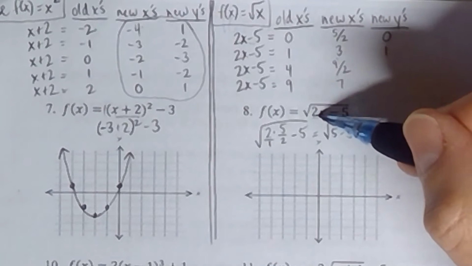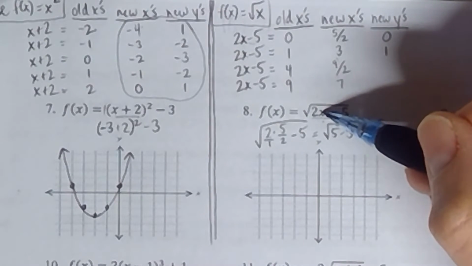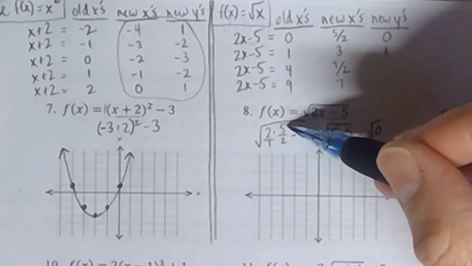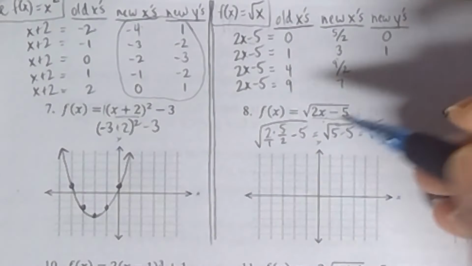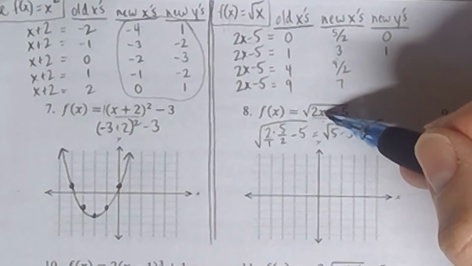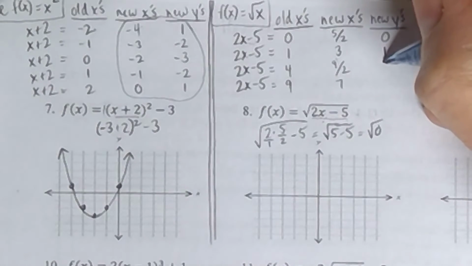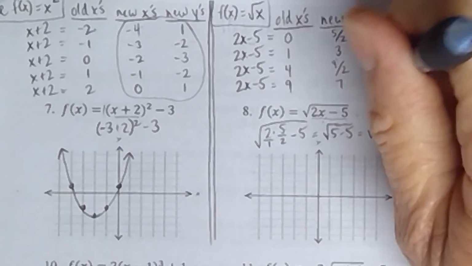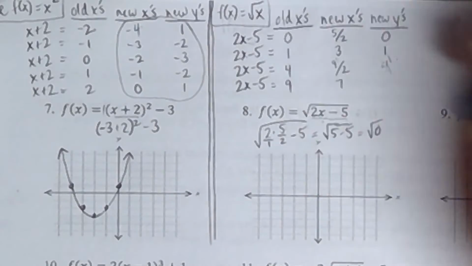9 halves. If you plug that in, you would get 18 over 2 when you multiply it by 2, just like you did. It'd be the same thing as this, only it would be a 9 here instead of a 5. So you get 9. 18 over 2 is 9. 9 minus 5 is... I'm sorry, I went too fast there. 9 minus 5 is 4, but I didn't take the square root yet.